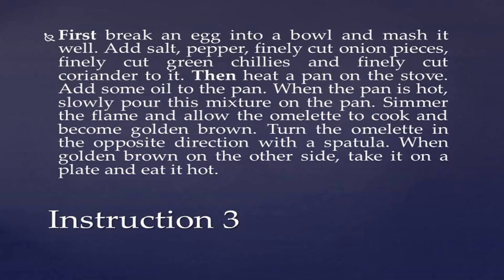When the pan is hot, slowly pour this mixture onto the pan. Simmer the flame and allow the omelette to cook and become golden brown. Turn the omelette in the opposite direction with a spatula. When golden brown on the other side, take it out on a plate and eat it hot. This set of instructions enables us to make an omelette.